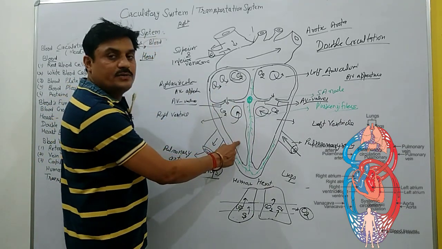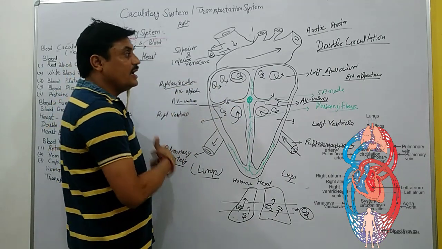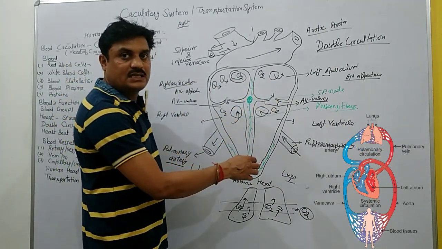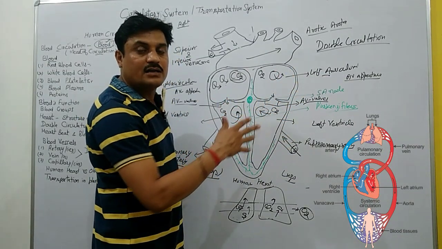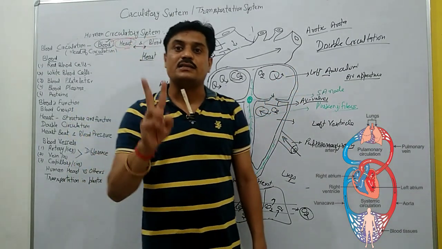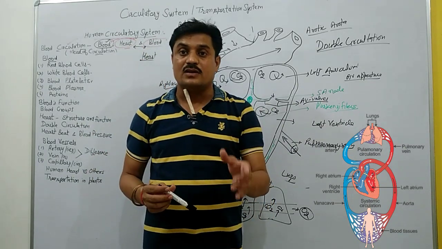First the carbonated blood passes through the right part of the heart, and then the oxygenated blood passes again through the left half of the heart. Thus the blood passes twice through the heart. This is known as double circulation.